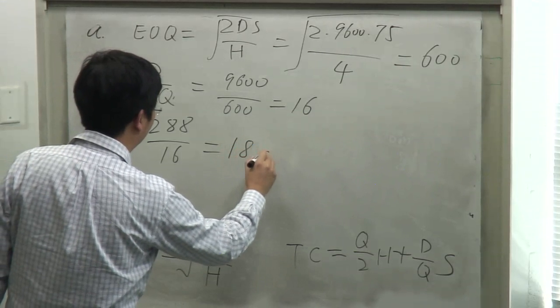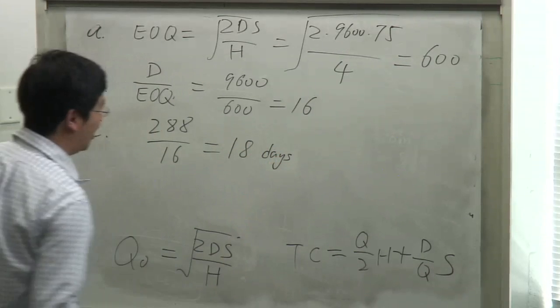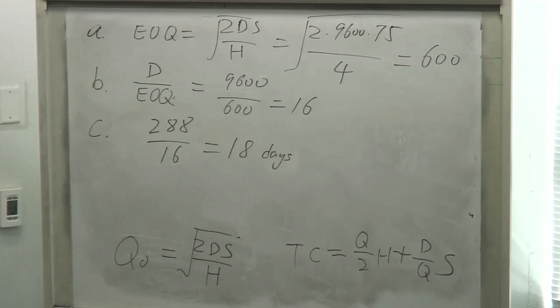That's great. I don't need to explain further because Jack's explanation maybe is better than mine. You operate 288 days, and you have to place 16 orders. Then how many days do you need to wait for another order? That's 288 divided by 16, which is 18 days order cycle.